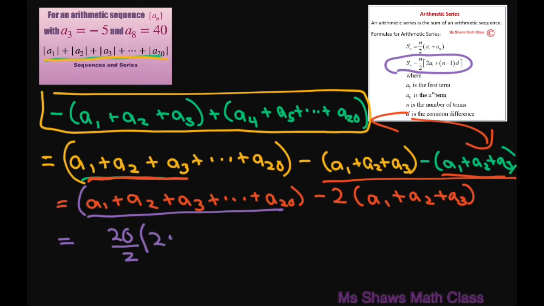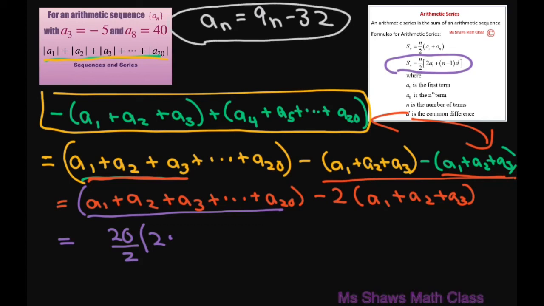And let's not forget we have a sub n equals 9n minus 32. That was our explicit formula. So your first term for this is going to be negative 23. And then you add 20 minus 1 times your common difference, which is 9. The common difference is always in this formula here.